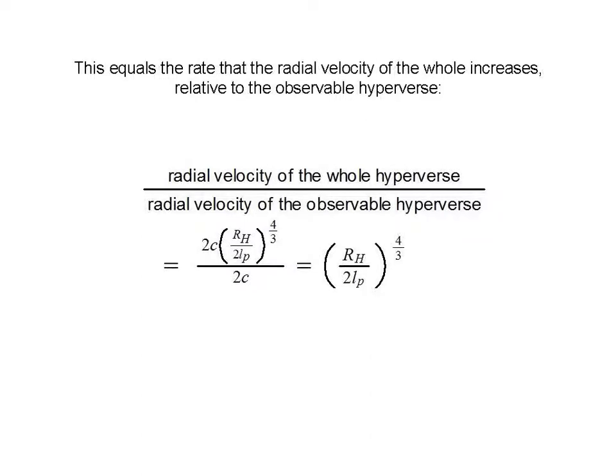This equals the rate that the radial velocity of the whole increases relative to the observable hyperverse. So we take our value for the radial velocity of the whole divided by the radial velocity of the observable universe. We have this massive expansion rate for the whole divided by our constant 2c expansion rate for the observable, and we get that same value, r sub h over 2Lp to the 4/3 power.